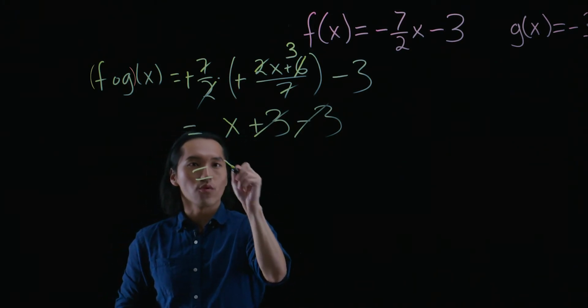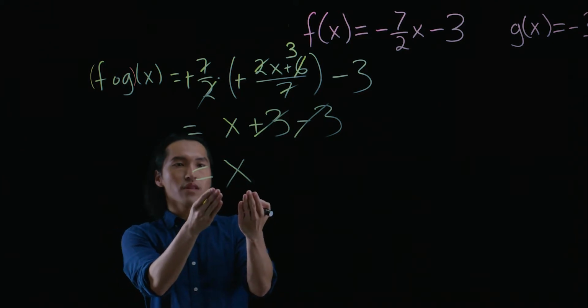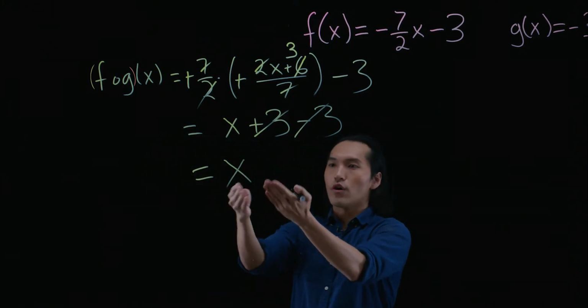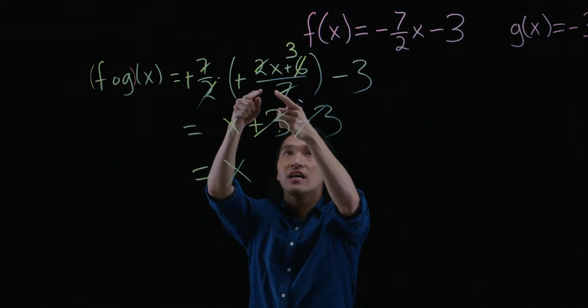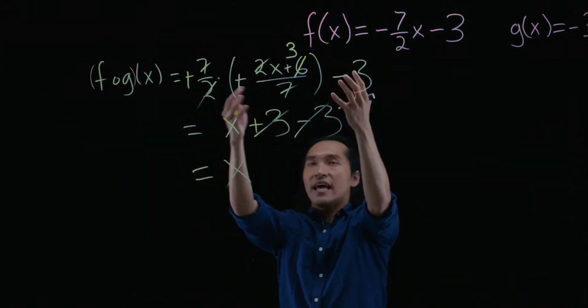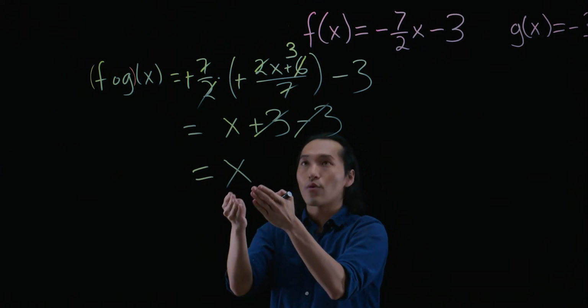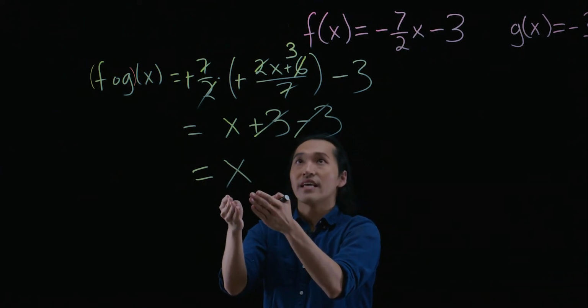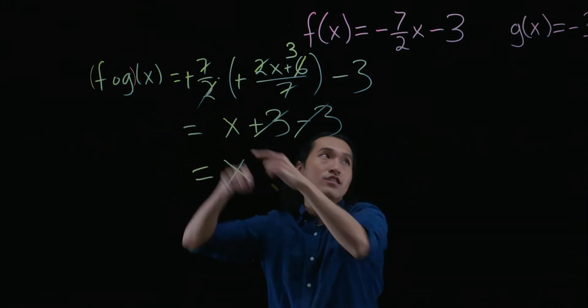We are left with where we started, which is x. Meaning whatever number you plug into x, let's say 1, 3, 4, 7, 20, all of this stuff ends up canceling out and we're left with x again. That same number we plugged in is the same number at the end, meaning these two are inverses. They are opposite functions.